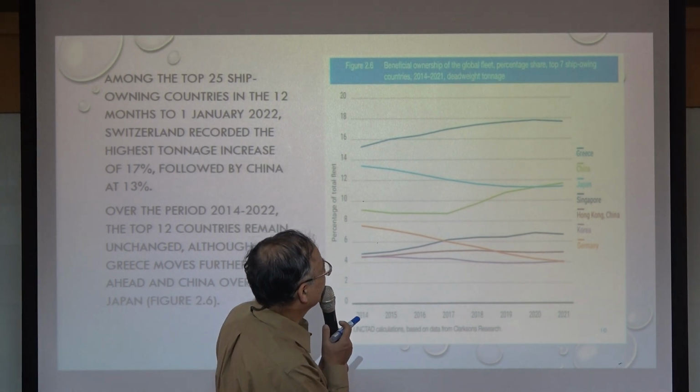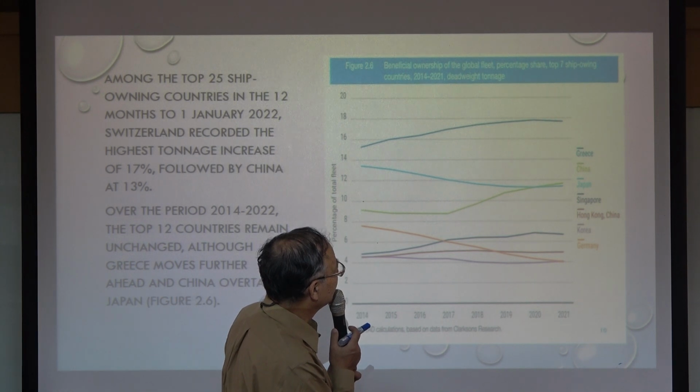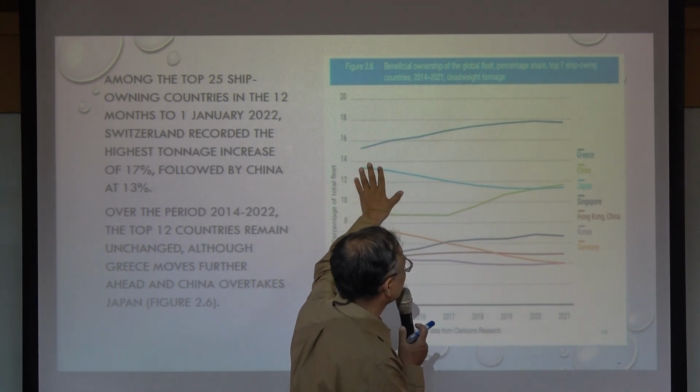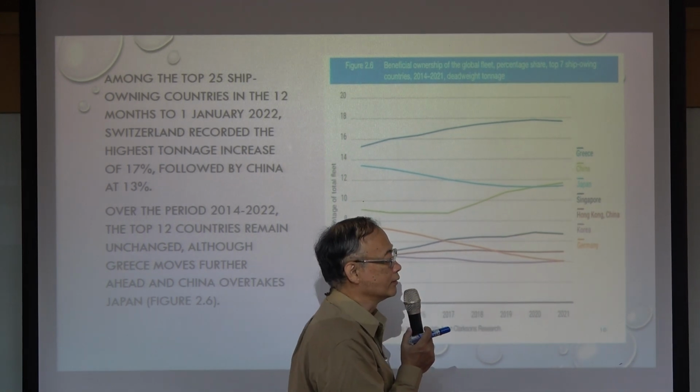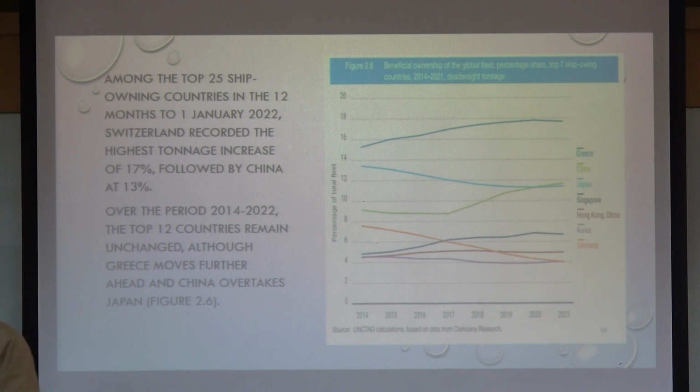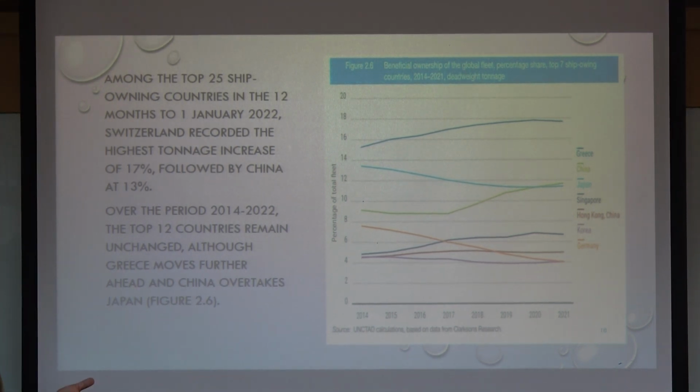For example, here's Greece, right? And Japan. In my country, we have some regulation because we hold our second-hand ships. You can buy a second-hand ship within 15 years, so normally our ships are very young.